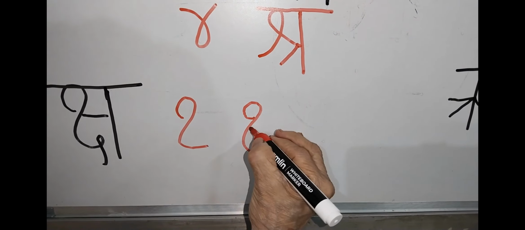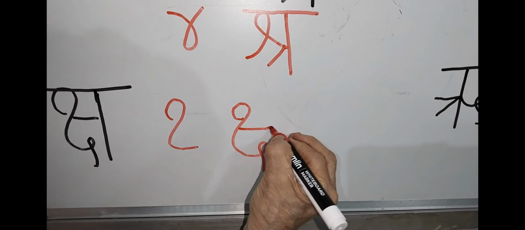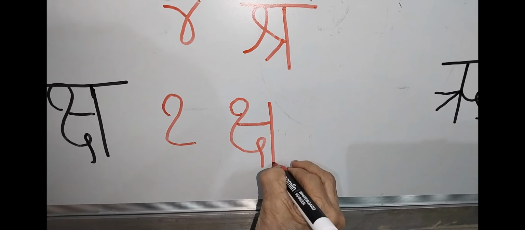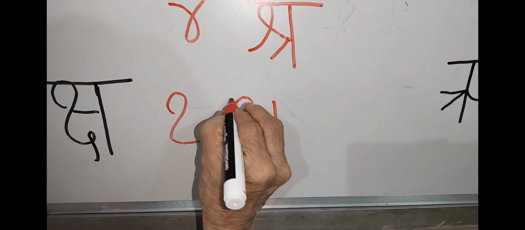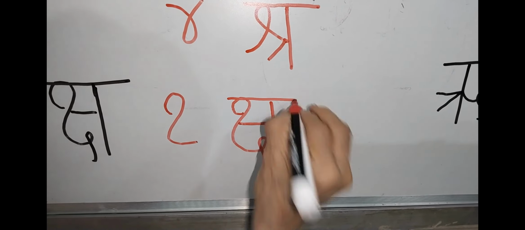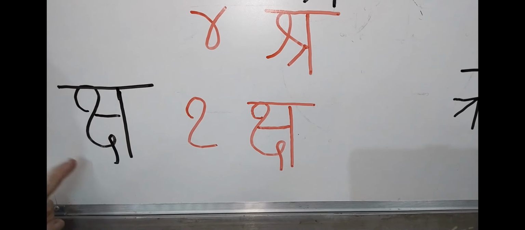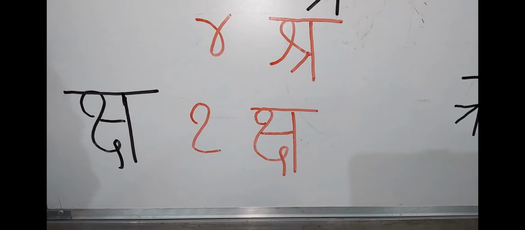Then right in the middle, we are going to draw this horizontal straight line, and then our famous vertical straight line. One horizontal line above, and that is going to complete our Ksha.